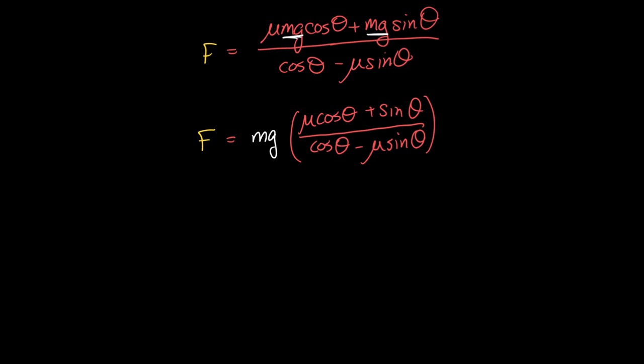See, mg is the only thing on this side of the equation that has units at all. M is going to be in kilograms, and g is going to be in meters per second squared. Together, those guys are in newtons. Everything in here is a unitless quantity. The sine of an angle returns a percentage. Mu is a percentage.